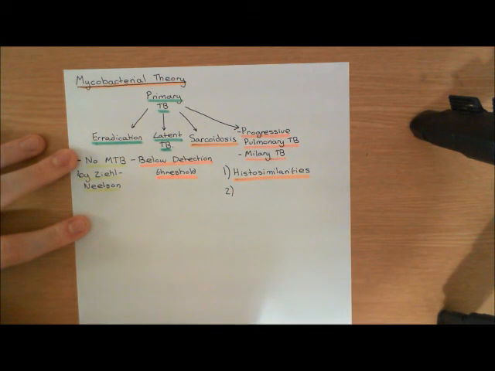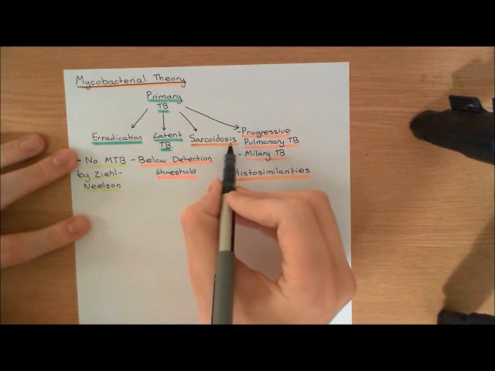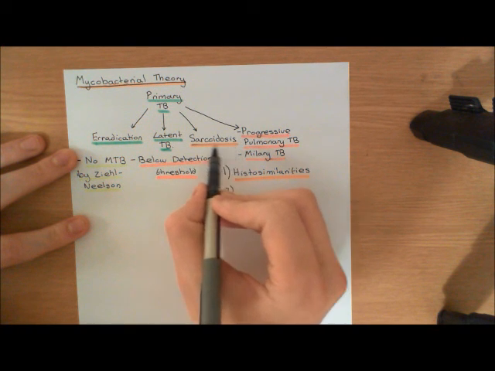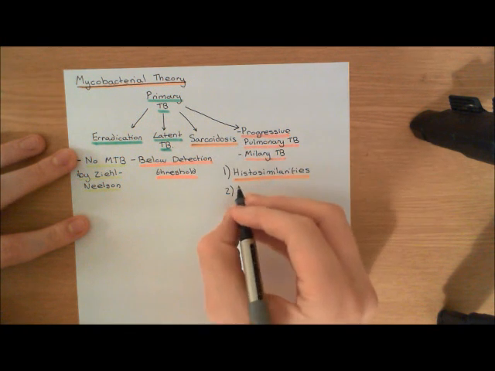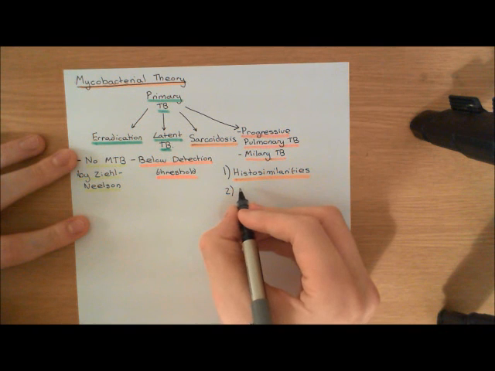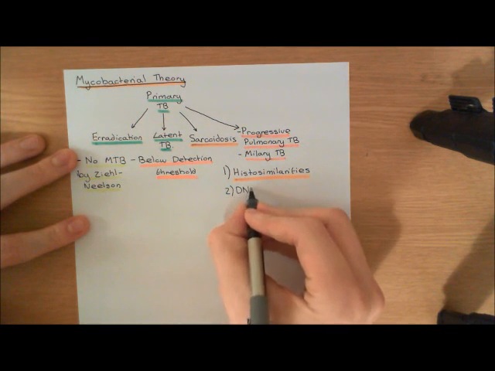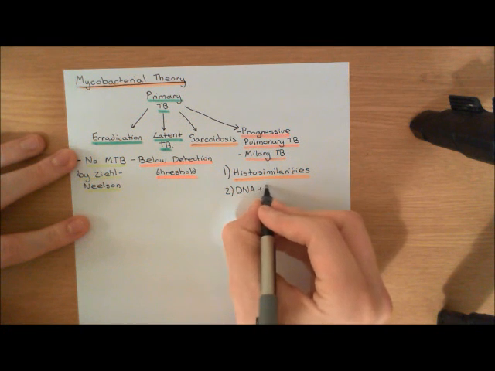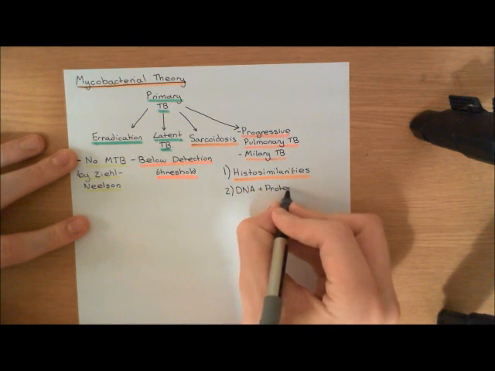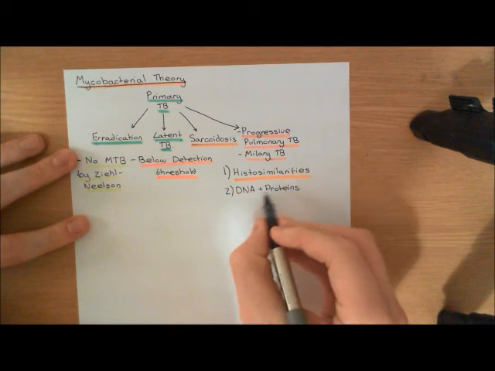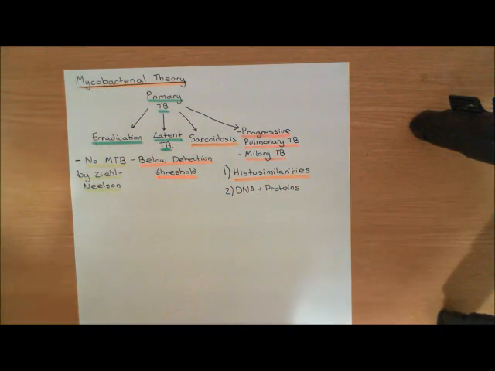We can also look for proteins of Mycobacterium tuberculosis in the granulomas of sarcoidosis. And when you do this, you can actually find it quite often. So you can find DNA and proteins from Mycobacterium tuberculosis in the granulomas. However, this is still very, very controversial.